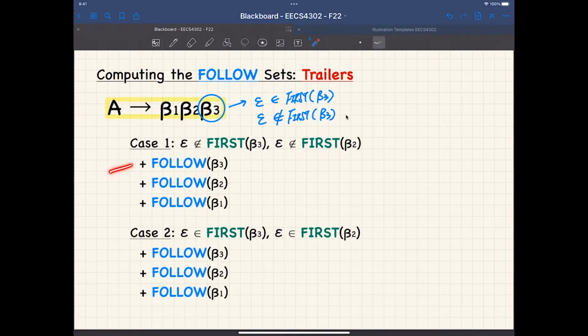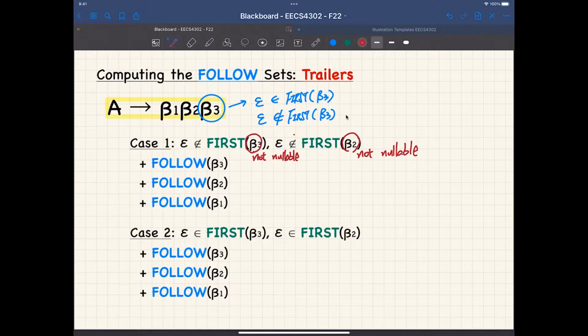Why don't we start with this one here? Let's say this. We are assuming that beta 3 here is not nullable. Okay? So here we say beta 3 is not nullable. Also, beta 2 is also not nullable. Okay?